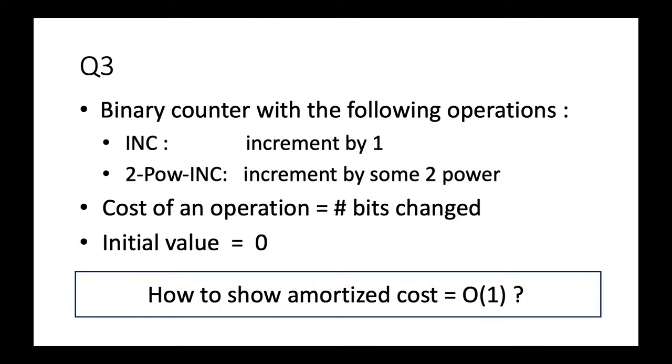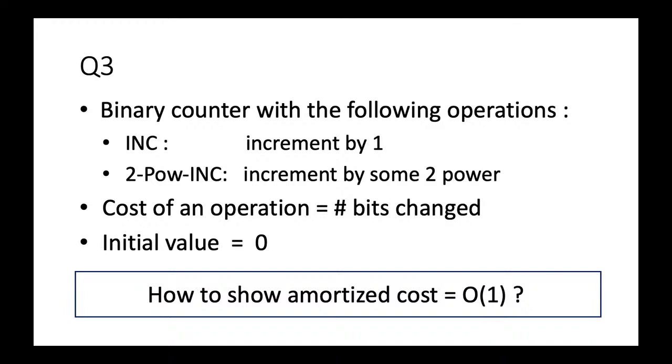The next question is the amortized analysis question. Here we have a binary counter, and this binary counter supports two types of operations. The first one is the same as the lecture notes: we have increments, so we can increment the counter value by 1. But then we also have something called the 2 power increment, where we can increment the counter by some power of 2.